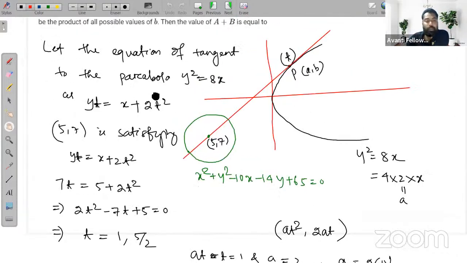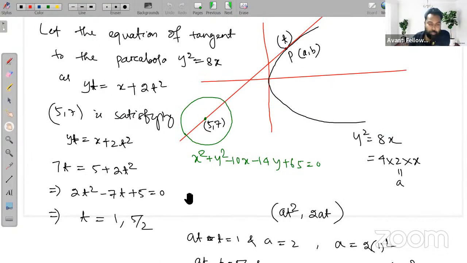Guys, any doubt you have? If no, just respond to the polls, no sir. If yes, then write your doubt in the chat box. Everyone please respond.